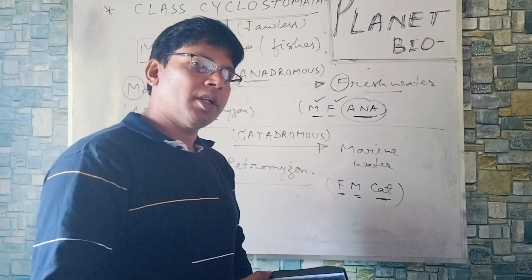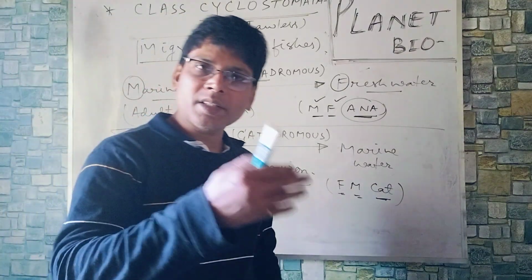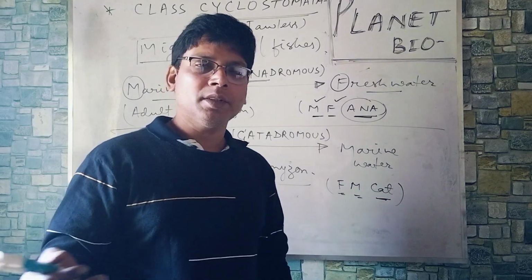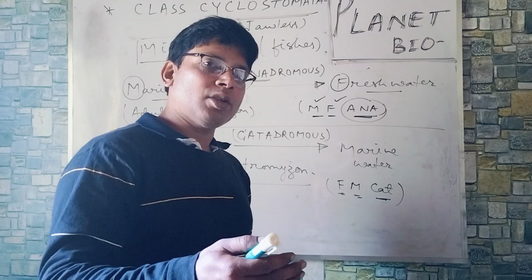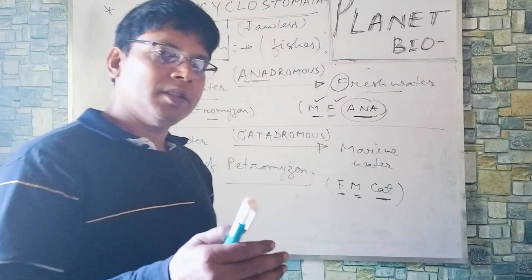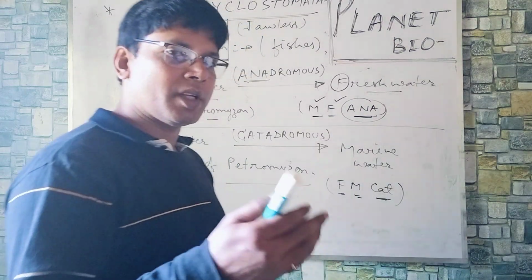But generally you have to memorize the points at the level of class: class cyclostomata, features and examples; class chondrichthyes and osteichthyes, differences by mentioning characteristic features or examples.